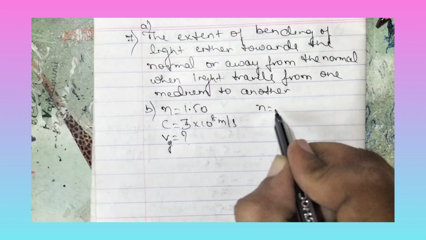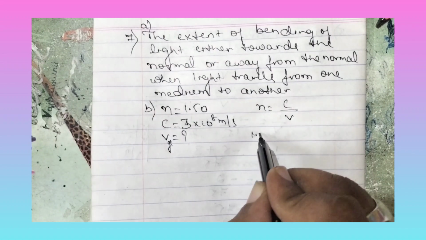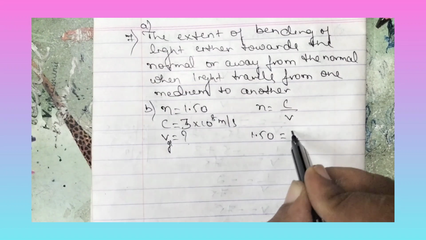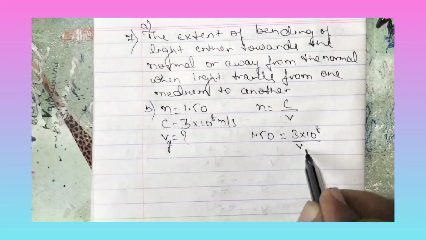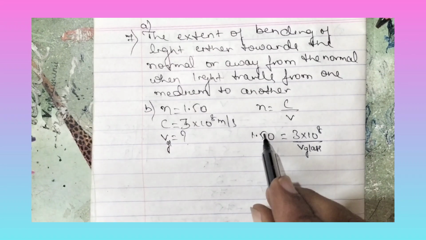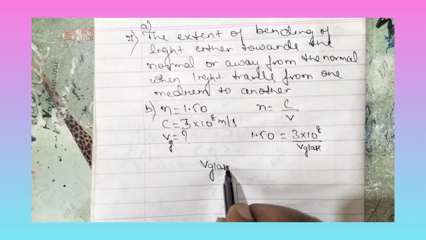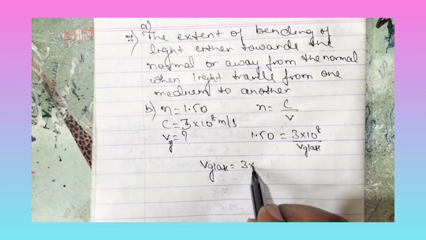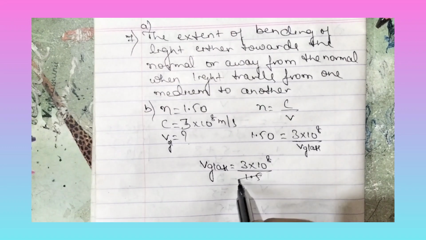So n is equal to c by v. Here n is the refractive index, 1.5. The speed of light is 3 into 10 to the power of 8, divided by the speed of light in glass. So you shift this and bring it to this side. So the speed of light in glass is equal to 3 into 10 to the power of 8 divided by 1.5.